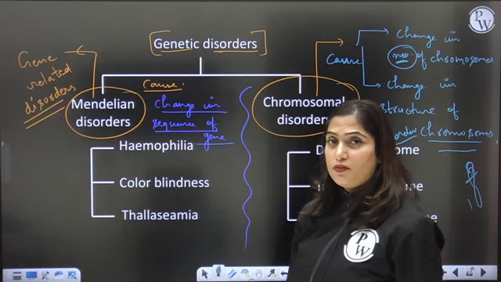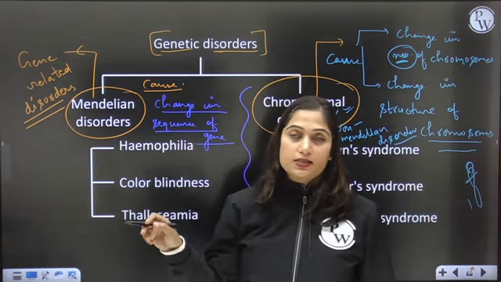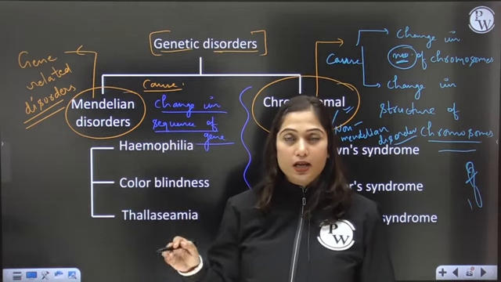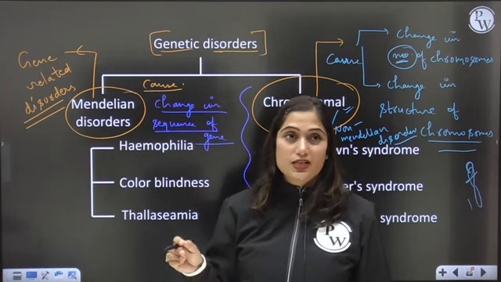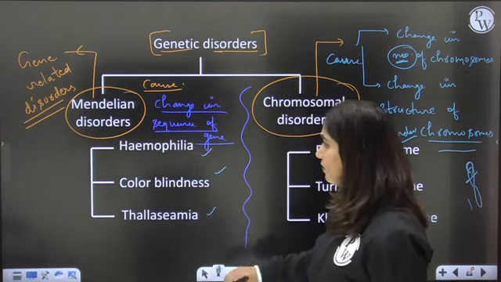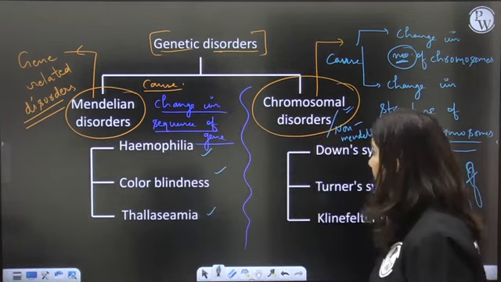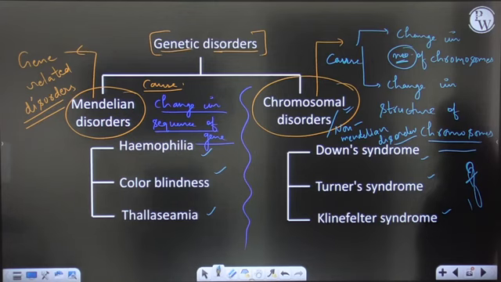This kind of question is very common: there is a list of diseases in a box and it is asked how many of them are Mendelian disorders and how many are non-Mendelian disorders. Sickle cell anemia, phenylketonuria, hemophilia, color blindness, thalassemia, these all are Mendelian disorders. And Down syndrome, Turner syndrome, Klinefelter syndrome are non-Mendelian or chromosomal disorders.